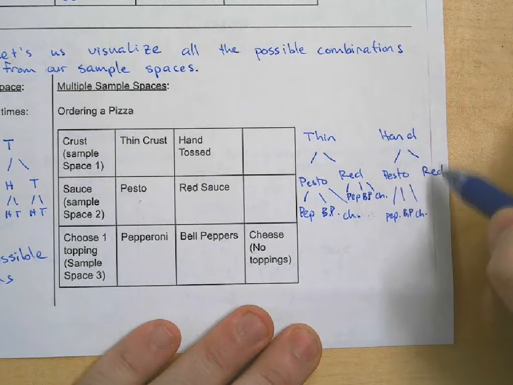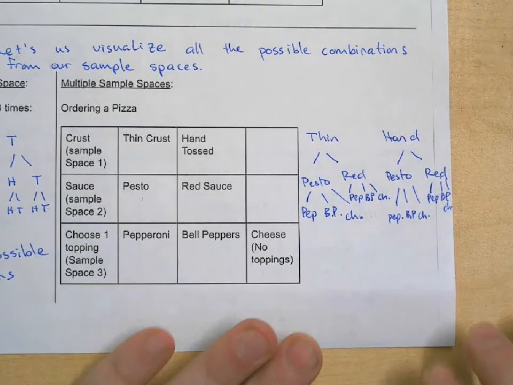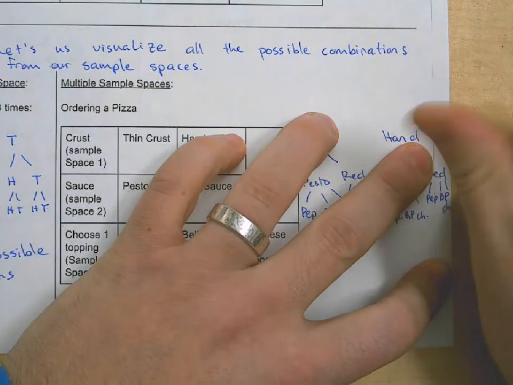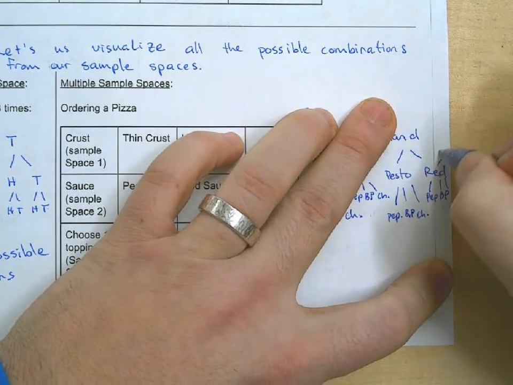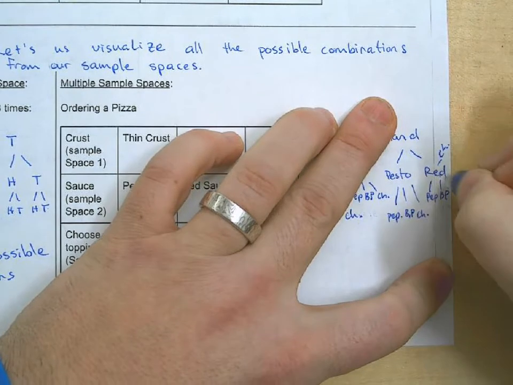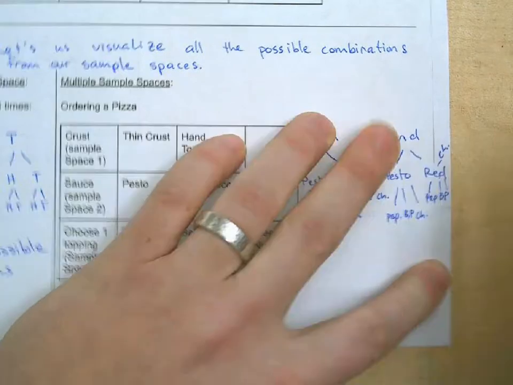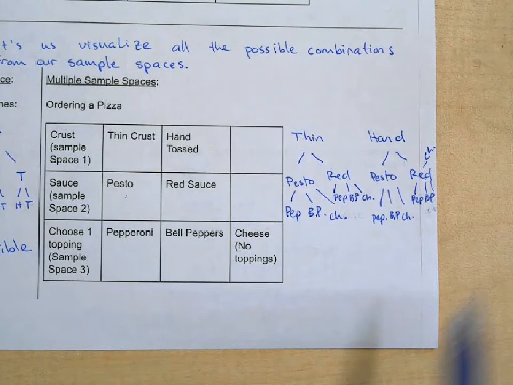And I could have a hand tossed pizza with red sauce that could have pepperoni, bell pepper, or cheese. Sorry, I kind of ran out of space there. Maybe we'll put it on top. Like that. So now we can clearly see all our possibilities.